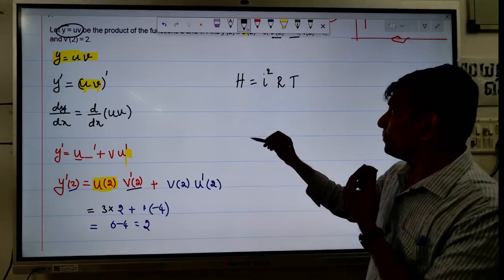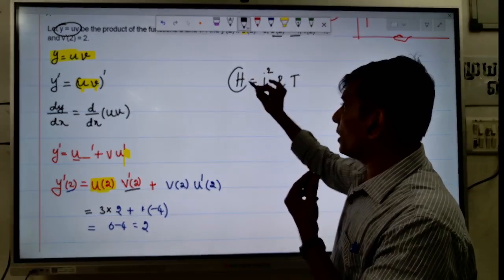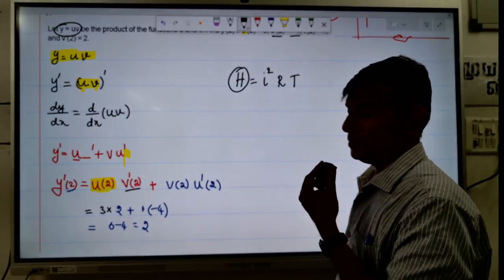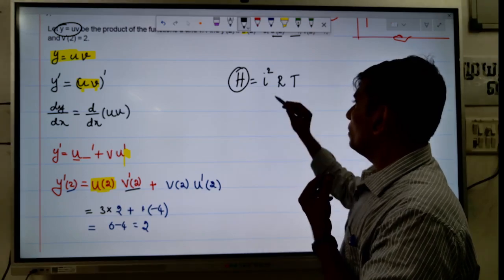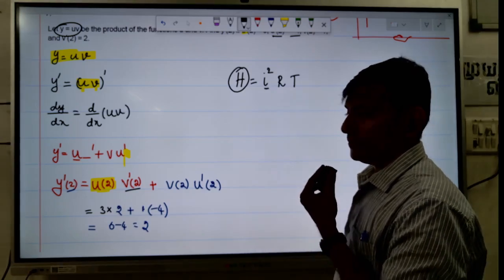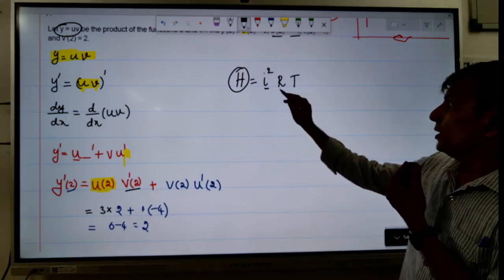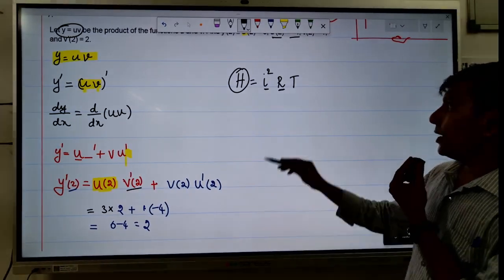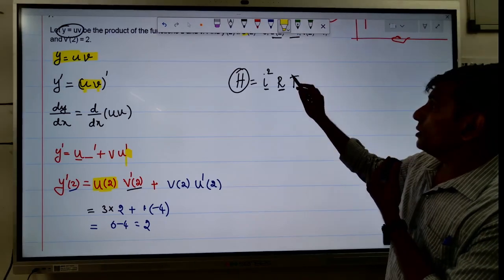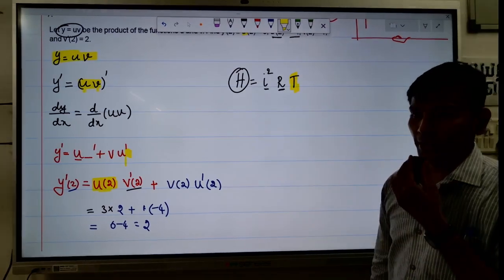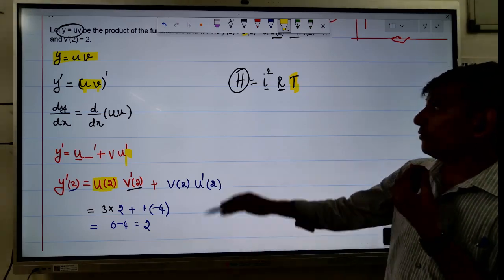This says heat produced in a current carrying wire is equal to the square of the current multiplied by resistance multiplied by the duration for which the current is flowing. This is the formula.